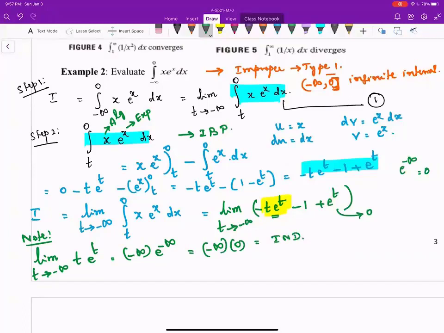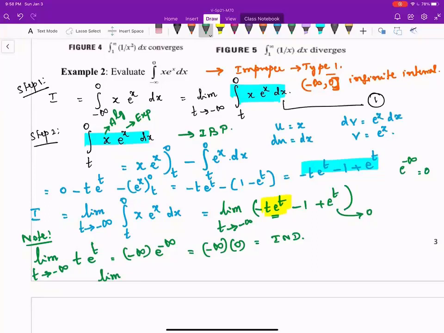So we cannot assume that to be 0 or negative infinity. Whenever you have such an indeterminate quantity for limits, we can apply L'Hopital's rule. So we are going to do this part separately, the one highlighted in yellow.